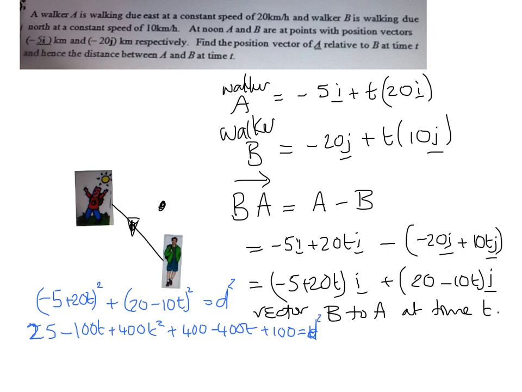That should tidy up a bit more. Let's divide everything by 25 and tidy it up. So I might have gone wrong, but I make it 16t squared minus 20t minus 11 is d squared. So the distance between them is the square root of that.